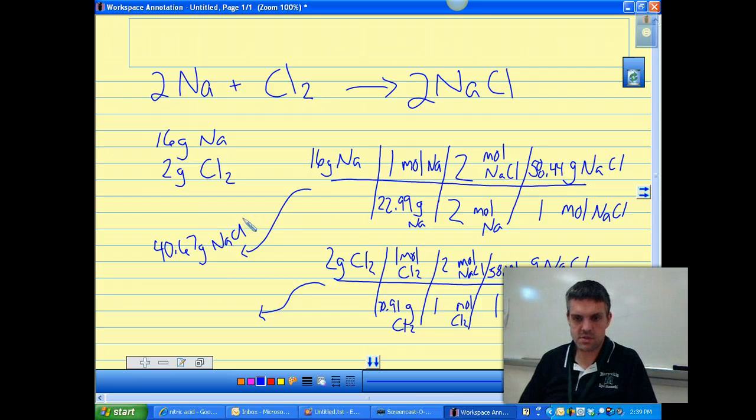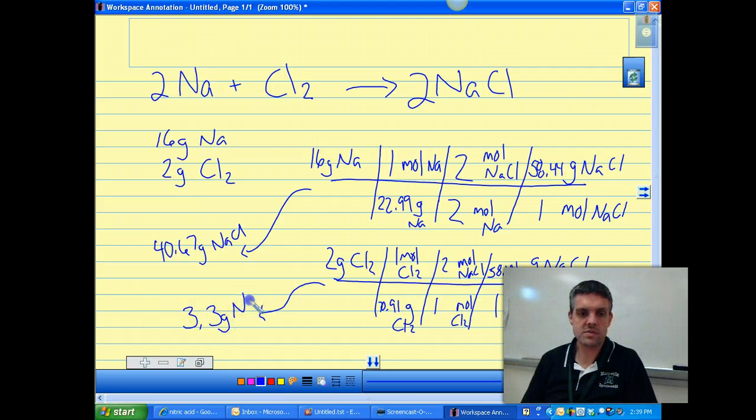Everything gets multiplied across the top and divided by everything that you have on the bottom. So we got 40.67 grams of sodium chloride if we had 16 grams of sodium.